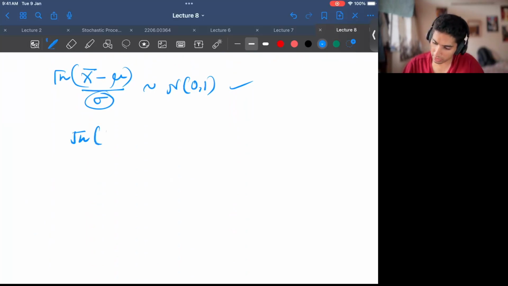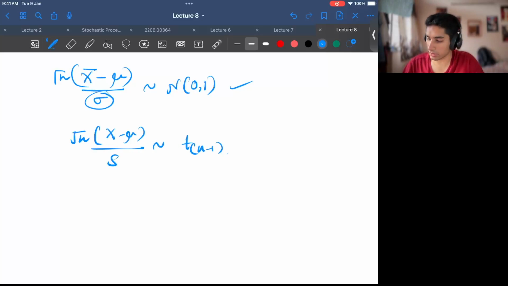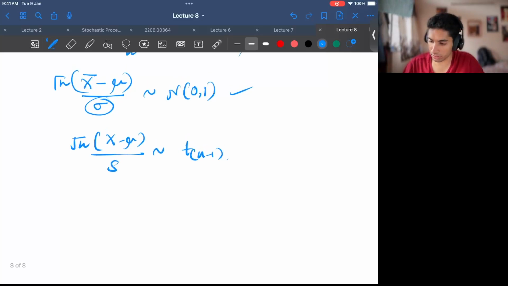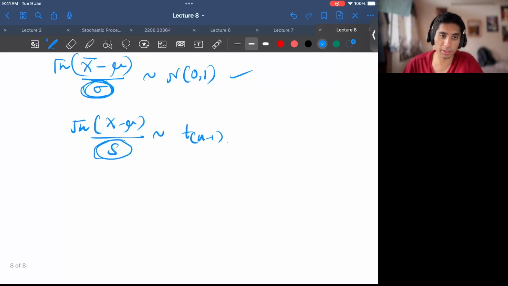So root n (x bar minus mu) over S will be distributed according to student T distribution with degree of freedom n minus 1. This is a property that if instead of the actual value of sigma, you use an estimate of sigma, which is S, then it will be distributed according to student's T distribution with degree of freedom n minus 1.